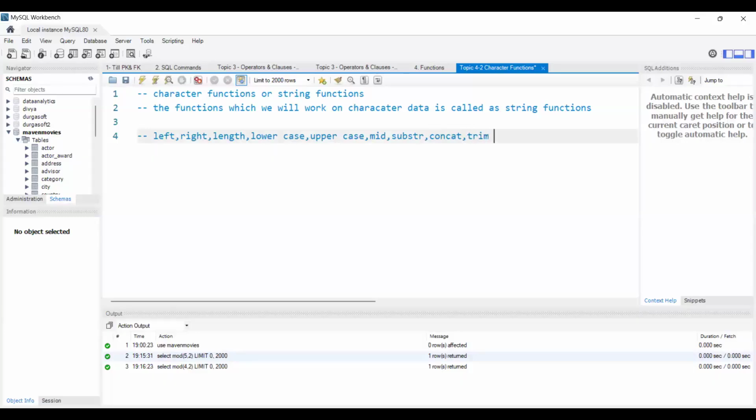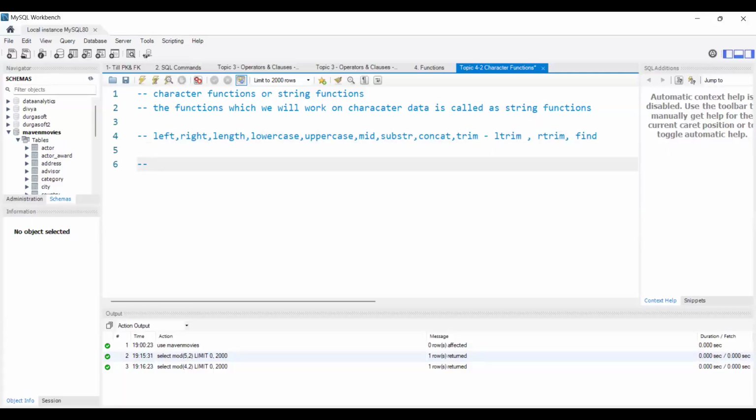Next, trim functions like ltrim and rtrim. And I guess we have the find function as well. These are all our character or string functions, which we use on character data.